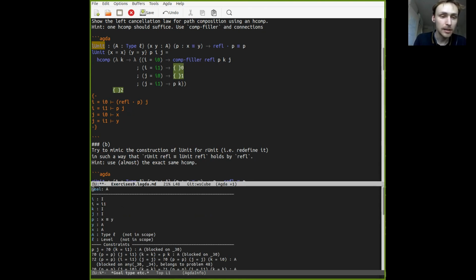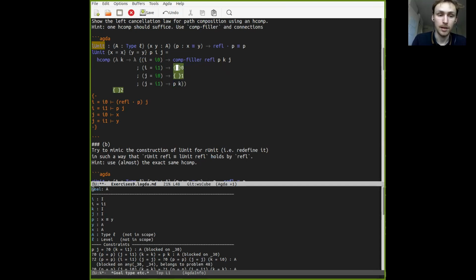Now it's trickier, right? We want this term here, depending on K and J. So this term we plug in here when I is equal to I1 has to be literally PJ. But also, because we chose PK over here, when J is I1, this has to be literally PK.